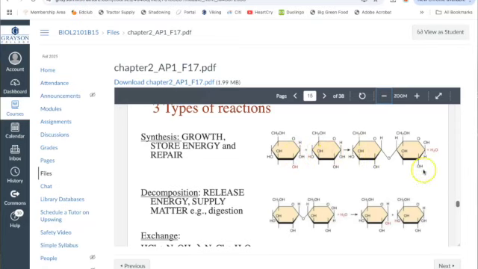You just change things around. Sodium chloride and water. The sodium becomes together with the chloride, and the hydroxide ion with another hydrogen ion becomes the water molecule. Okay. So 3 types of reaction: synthesis, decomposition, and exchange.